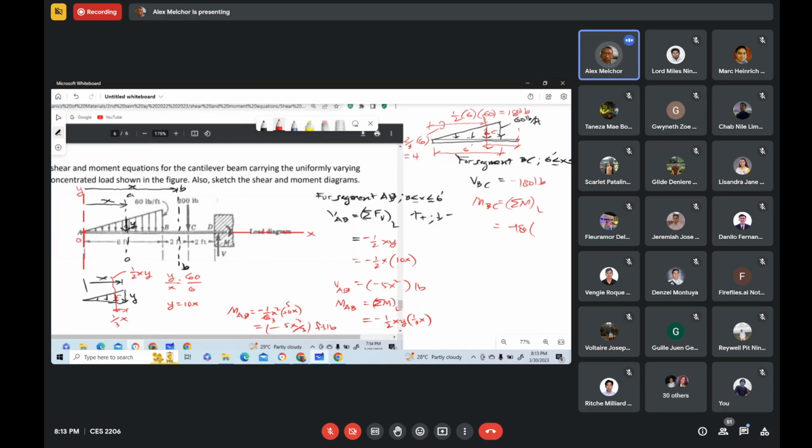That is equal to 4. So therefore, this moment arm here is x minus 4. So this will give us negative 180x plus 720. The unit here is foot-pounds. Okay? This is now the moment equation for BC.